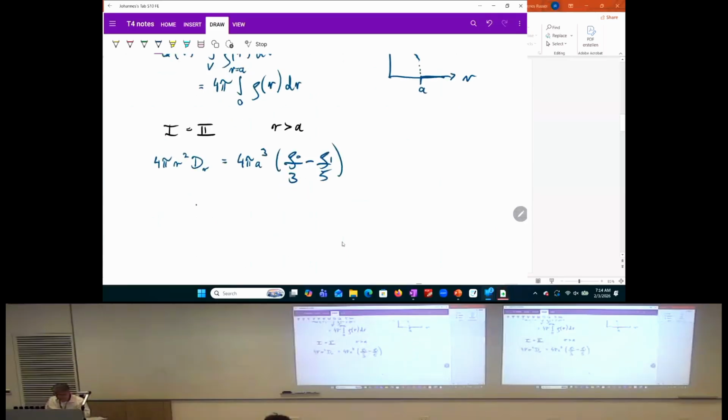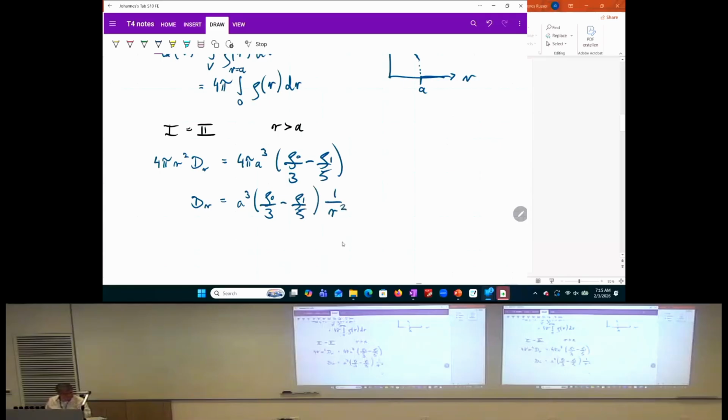And if you solve for the R component, you just divide it again by 4 pi R square. That means you have A to the power of 3 remaining here, you have rho 0 over 3 minus rho 1 over 5, and you have 1 over R square.